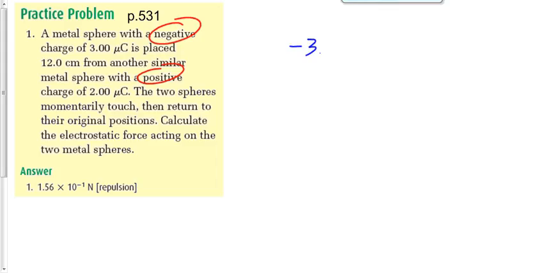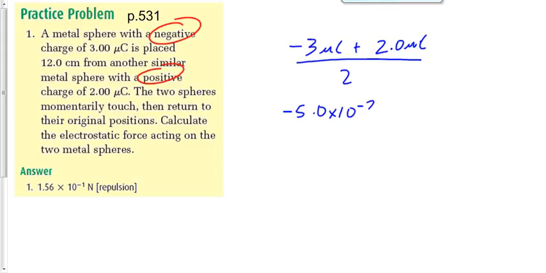Negative 3 microcoulombs plus positive 2 microcoulombs divided by 2 gives me, is that negative 1, negative 0.5, or negative 5.0 times 10 to the minus 7 coulombs. That's what each of them become now. Q1 was 3 microcoulombs. Now it's negative 5 times 10 to the minus 7. Q2 was 2 microcoulombs. Now it's negative 5 times 10 to the minus 7.